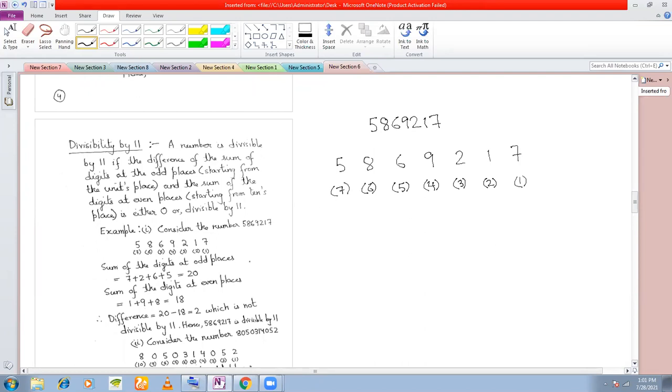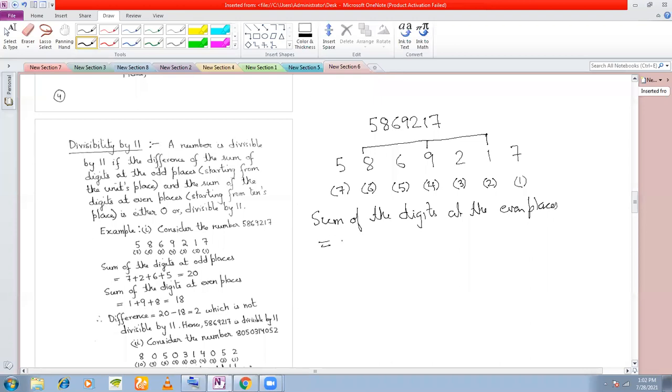Okay. Now what you do, you take the sum of the digits at the even places. What are the even places? 2 is an even place, 4 is an even place, 6 is an even place.